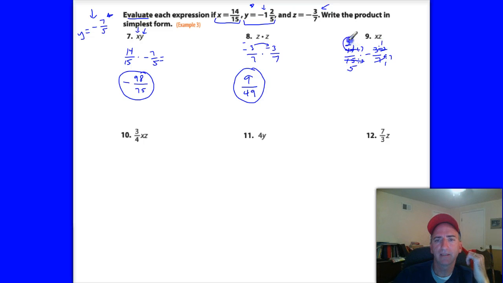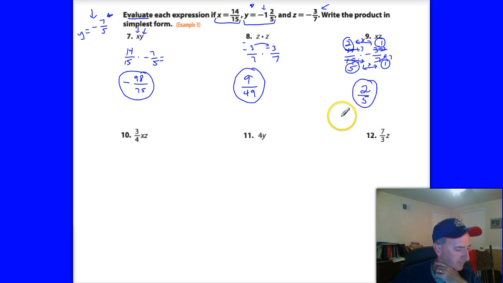So you have this 2, this 1, this 5, and this 1, with a negative. Multiply the top numbers: 2 times 1 is 2. 5 times 1 is 5. Negative 2/5, right there.